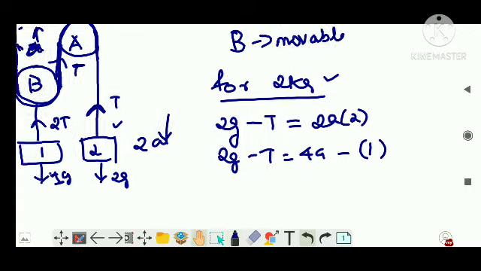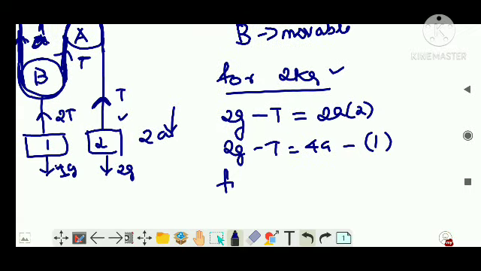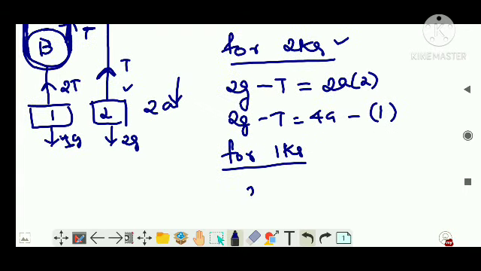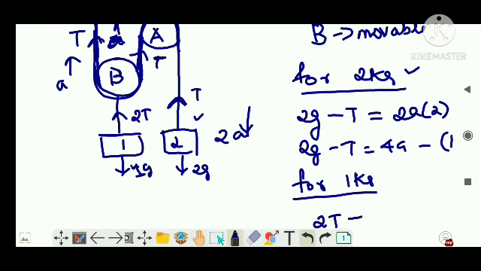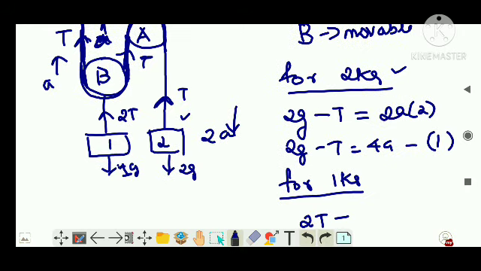Now let's write for 1 kilogram. How can you write it? 2T upward, that is the acceleration. If this is an entire system and it is having an acceleration in this direction, then 1 kilogram will also have an acceleration A. Because if this entire system is moving with x displacement, this 1 kilogram will also have x displacement only.